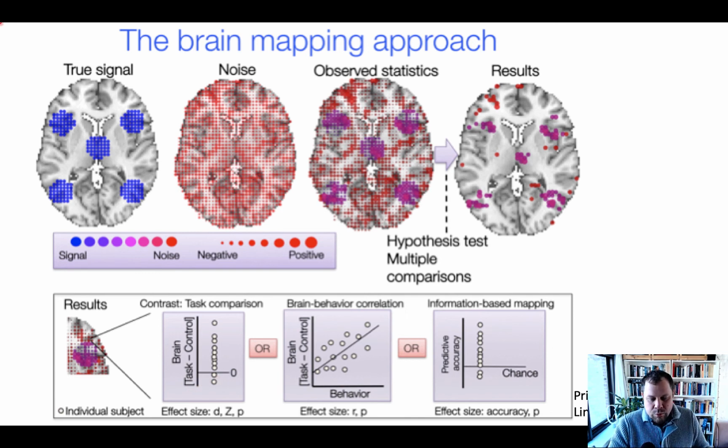And then what we want to do here is we want to perform a one-sample t-test, which is basically checking or identifying whether the average response is significantly different from 0. And you can see that this is easily done via this distribution here of each individual's or each subject's task versus control contrast weight, basically.